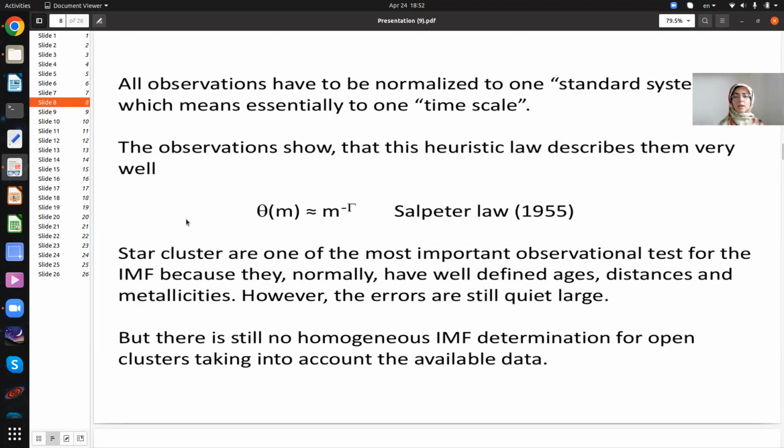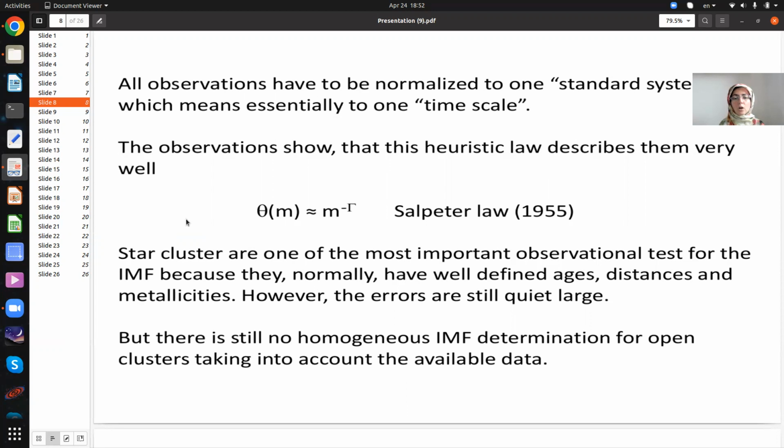All observations have to be normalized to one standard system, which means essentially to one time scale. The observations show that this heuristic law describes them very well. Theta(m) is approximately m to the power minus gamma, the Salpeter law, we call it.